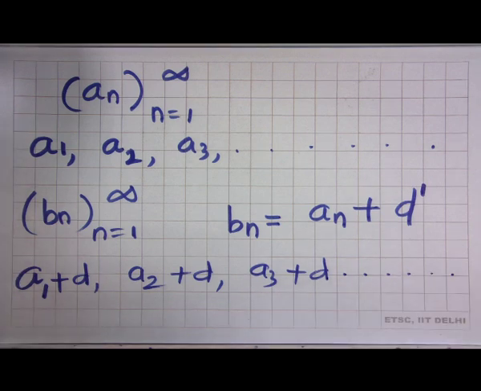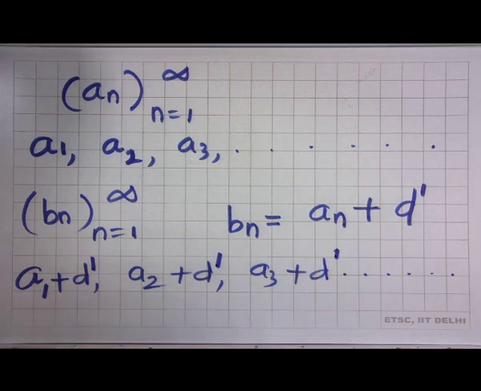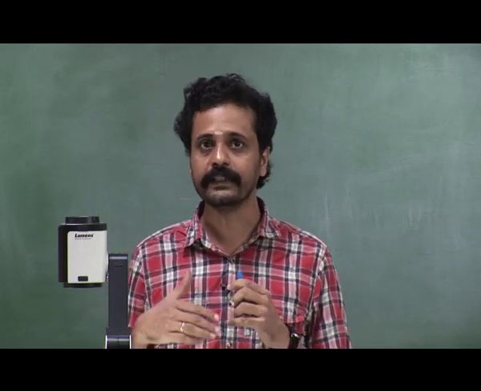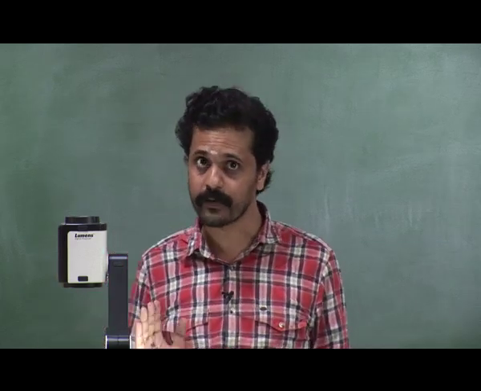And the fact is, if the given sequence a1, a2, a3 is an AP, that means the difference of two consecutive terms remains the same constant, then the new sequence that we constructed remains an AP. That is, the difference between two consecutive terms in this new sequence will also remain the same. So, we can construct new APs from the given AP by adding the same constant to all terms.